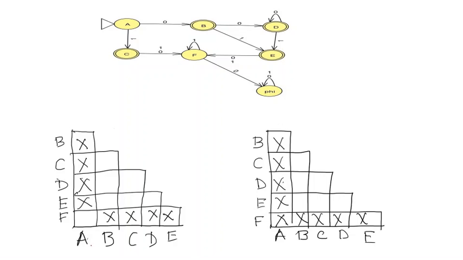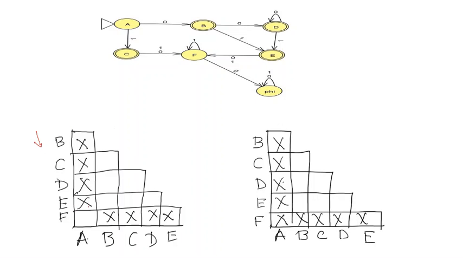So there are five states A to F, so we have taken here A, B, C, D, E, and in this direction we start with B up to F.